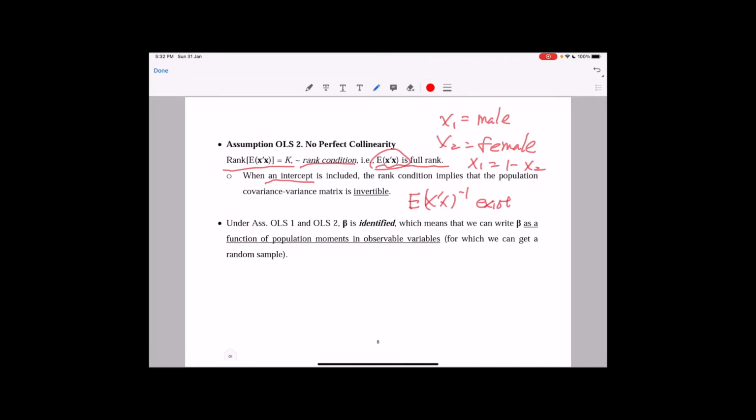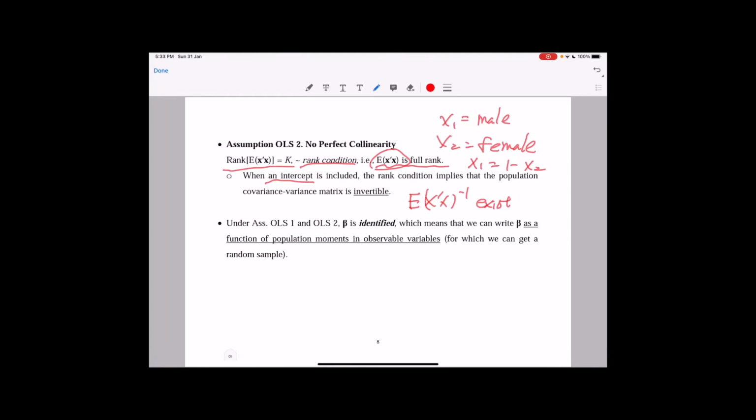But theoretically, you do need to have full rank. It is important in the sense that you cannot have duplicate information. Your explanatory variables should not have perfectly duplicate information.